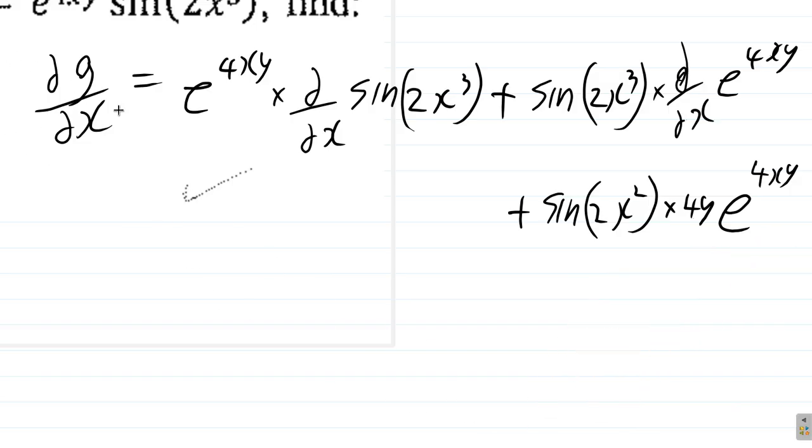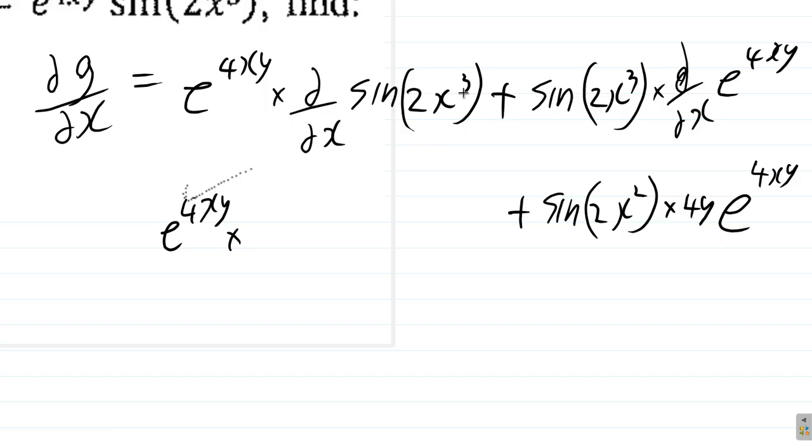Now you're going to have e to the 4xy times something. That something will be the partial derivative of sine 2x cubed with respect to x. What do you think you will get? Again, you remember your chain rule. 2x cubed is the inside function. If you're using the long method, let u equal 2x cubed, and you would have sine u.